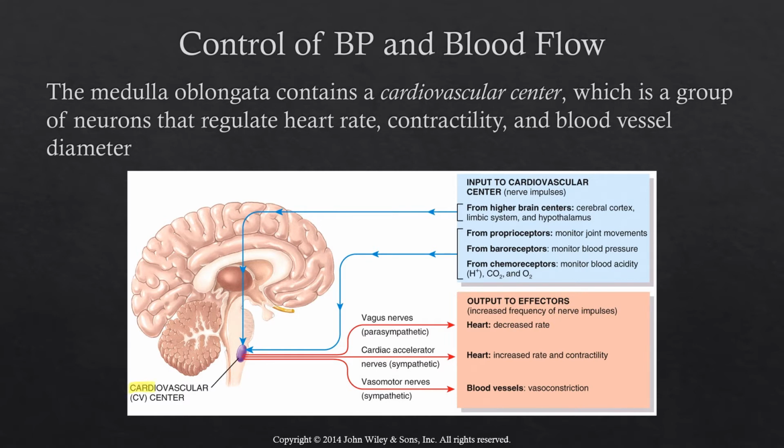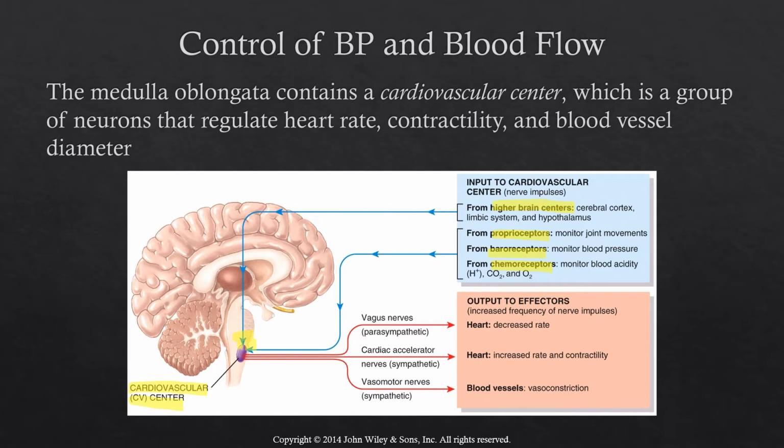So remember, the cardiovascular center here in the medulla oblongata helps to regulate heart rate, stroke volume, and also blood volume. Now the cardiovascular center receives input, remember, from these higher brain centers and also from the sensory receptors. So it's going to get all that input coming in.